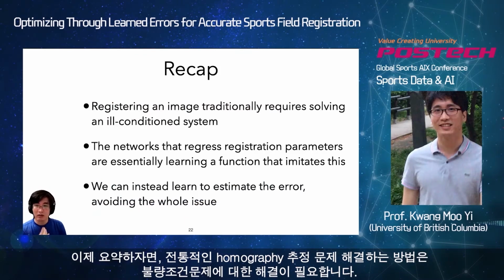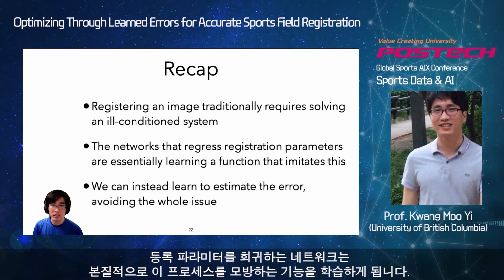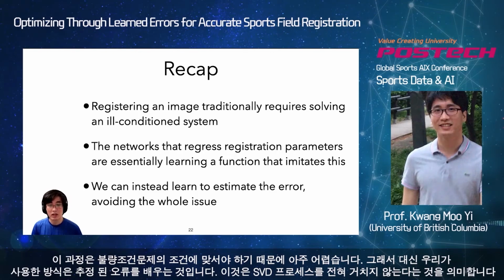The traditional method of solving this homography estimation problem requires that you go through solving an ill-conditioned system. Now, the network that regresses the registration parameters is essentially learning a function that imitates this process, and that's going to be hard because you are going to have to cope with the ill-conditioned nature, which is not great.